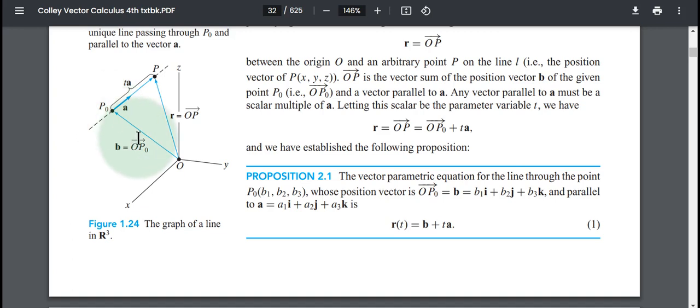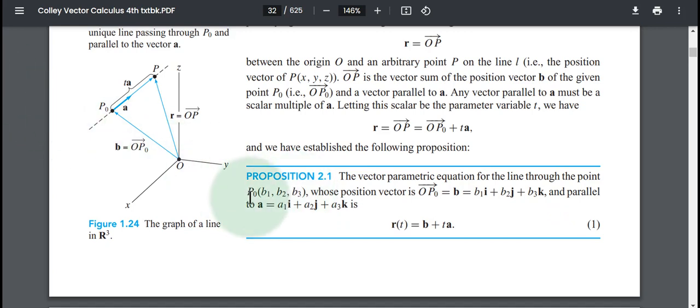We also call it B, and B is going to have some coordinates. P0 is going to have coordinates B1, B2, B3, and so B is going to be B1I plus B2J plus B3K. We can express it this way, or we can express it this way.